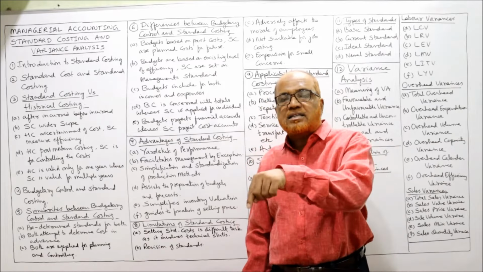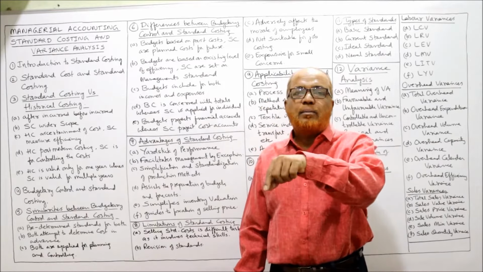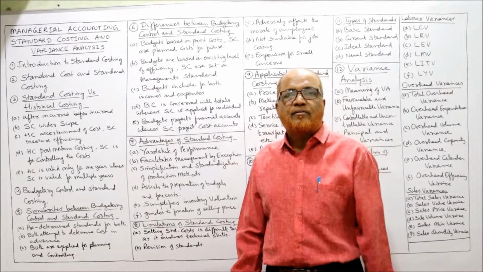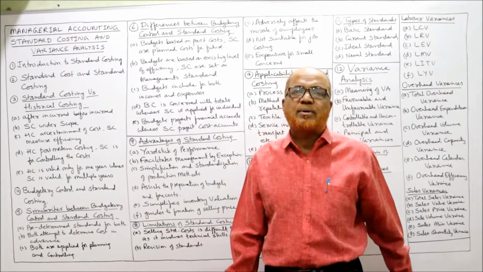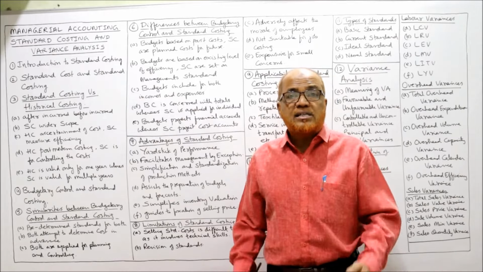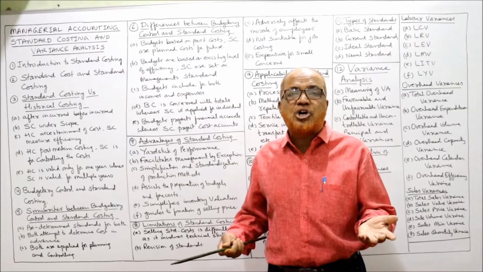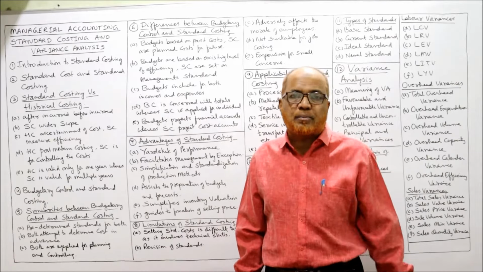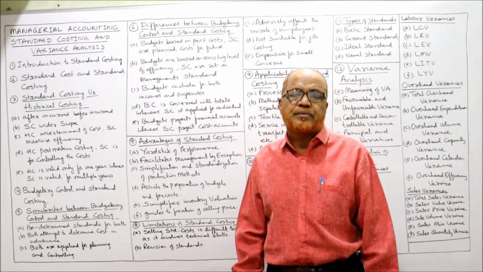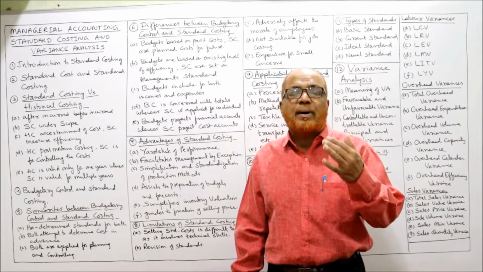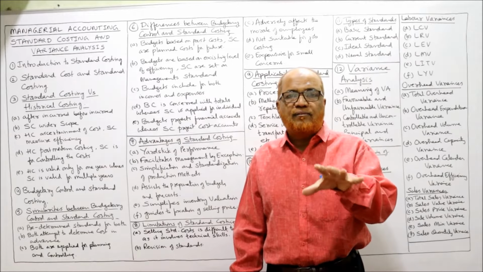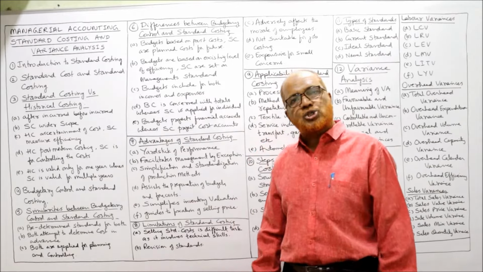Now when actual activity is conducted, we can compare the actual with the standard to see whether the current performance is going according to standard or below the standard. So it's a yardstick, it's a measure of performance measurement. That is the best advantage of standard costing. We can evaluate the performance of different individuals, different departments if we keep standard costing.